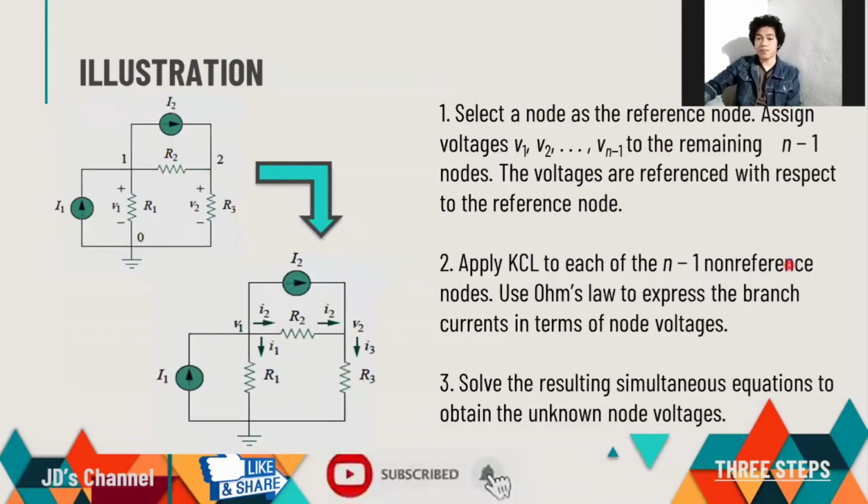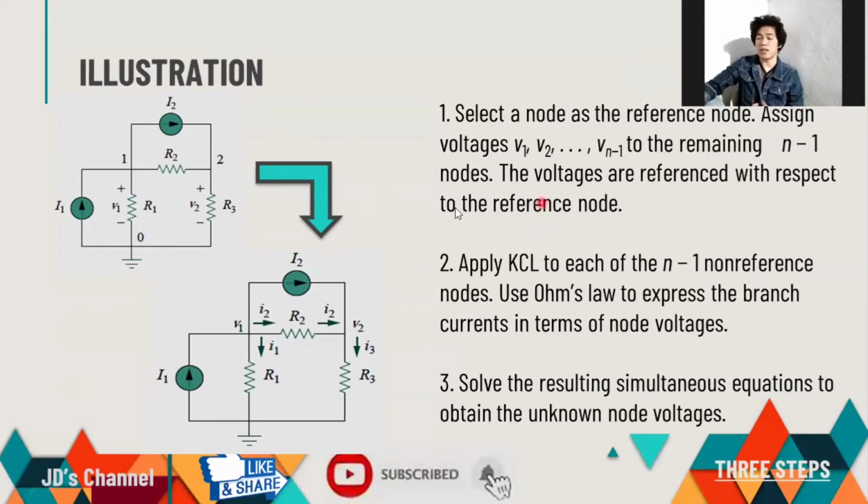So, ito yung kanyang illustration. Una, select the non-reference node and assign voltages. Pangalawa is mag-KCL ka and use Ohm's law to express the branch current in terms ng node voltages. And third is solve the resulting simultaneous equations to obtain the unknown voltages.